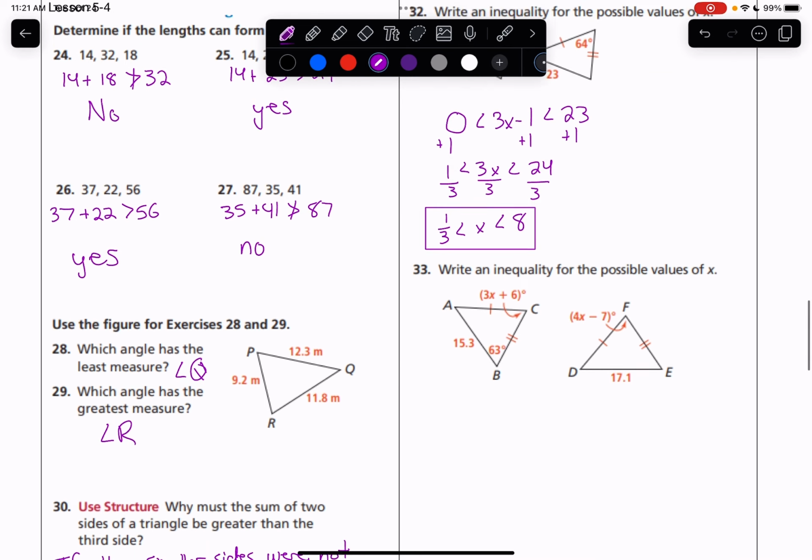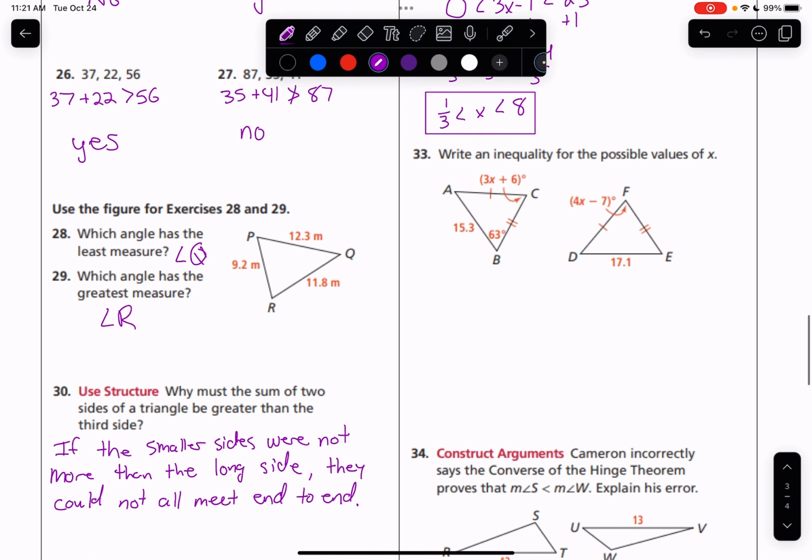Here, write an inequality for the possible values of x. I have 3x plus 6 degrees, which opens onto a 15.3 degree side, and 4x minus 7 degrees, which opens onto a 17.1 degree side. So I can say 3x plus 6 is less than 4x minus 7, and I can solve. That's going to mean that 6 is less than x minus 7. 13 is less than x.